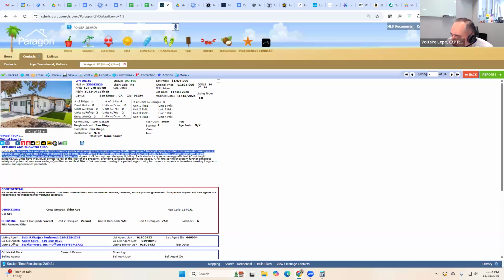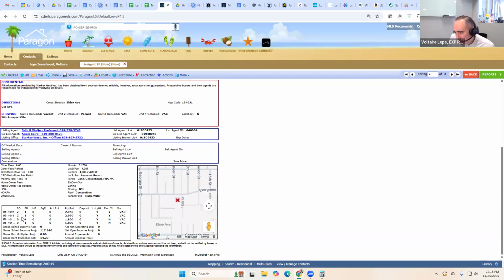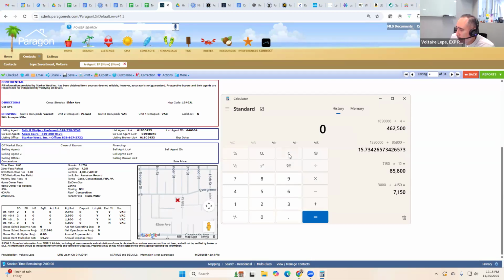This property comprises two spacious two-bedroom, one baths, and two well-designed studios. Let me see if it says anything about the next door neighbor. No, it doesn't. But what I would say is I would project these rents, two-bedroom, one bath, with a yard, brand new, closer to 2,500 right now. So that's the numbers I'm gonna roll with.